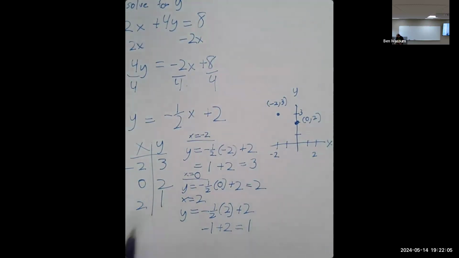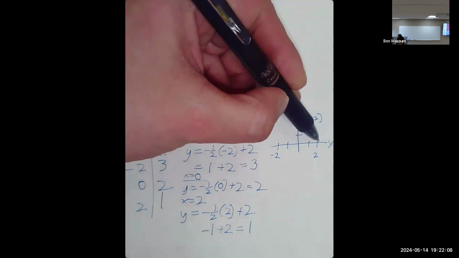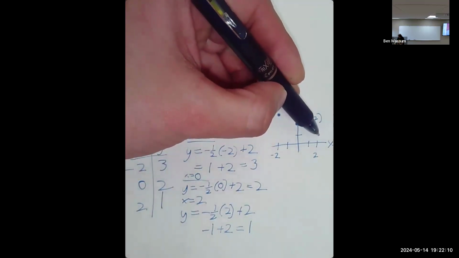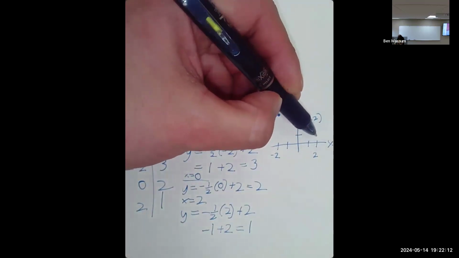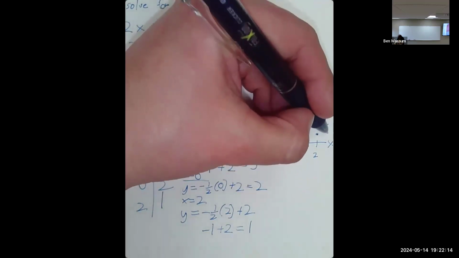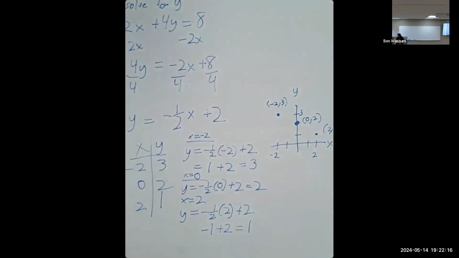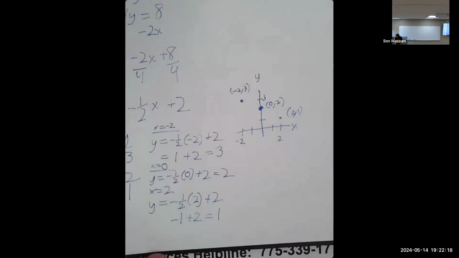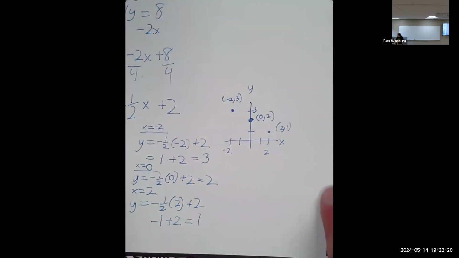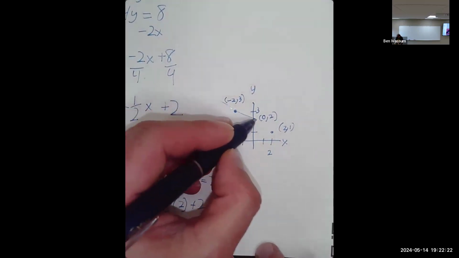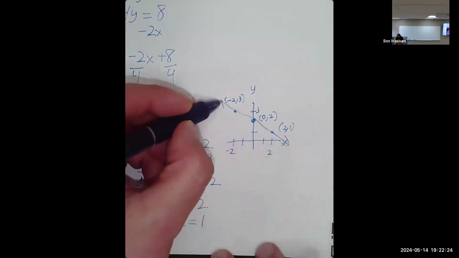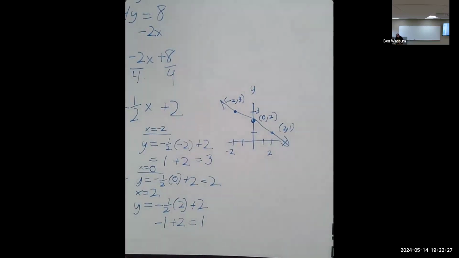Next one is 2, 1. 2 in the x, 1 in the y. Yeah, those look like they're all in a straight line. So we draw one. That's kind of straightish. Good enough. Cool.